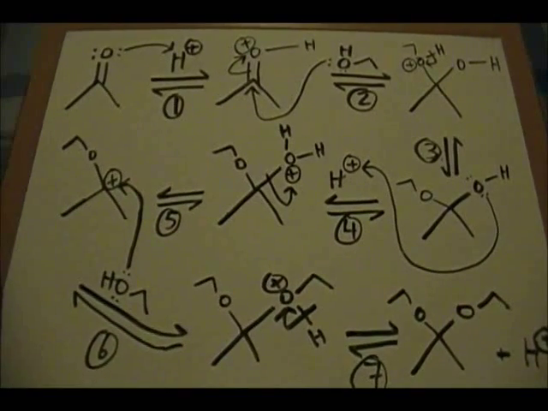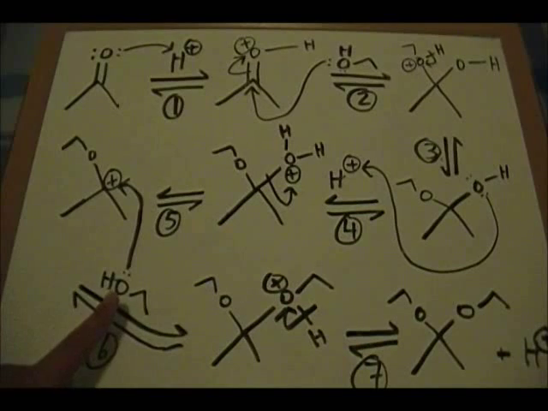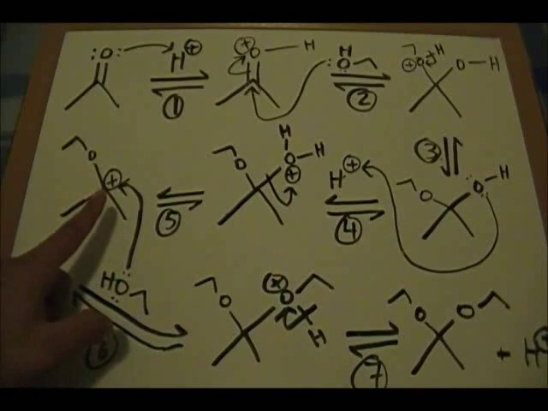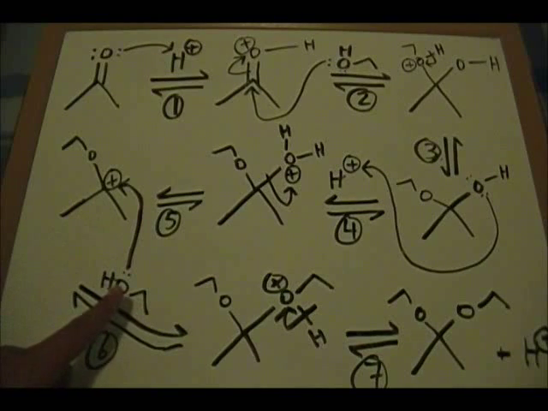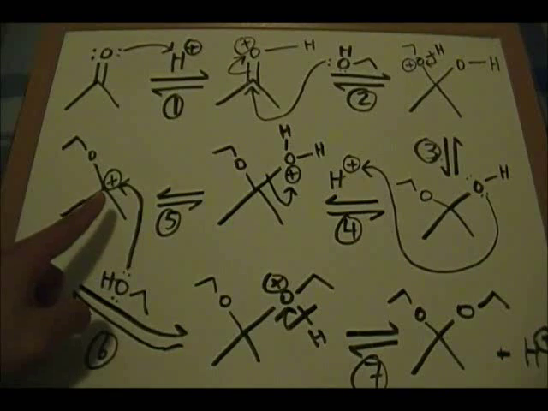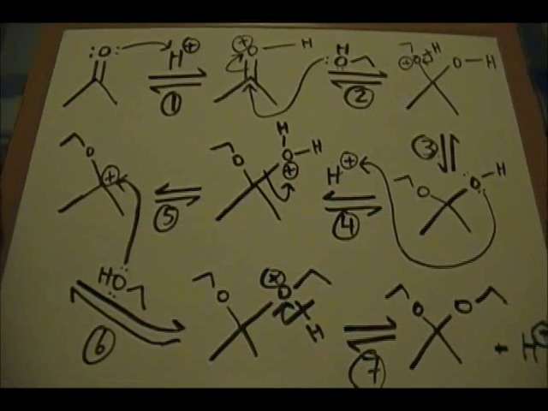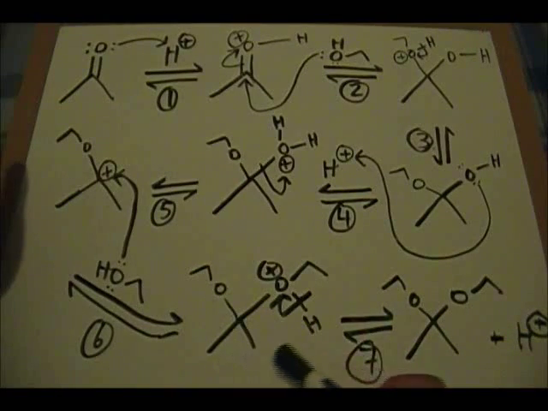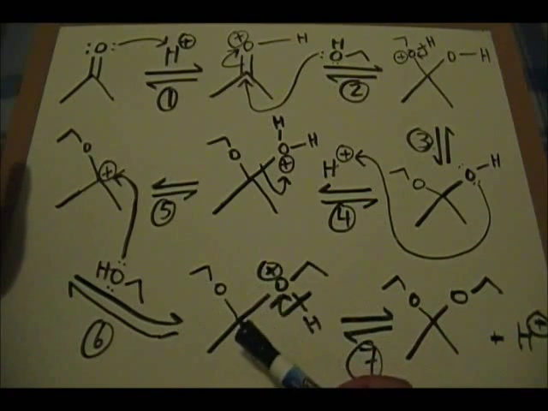Now in the next step, your second alcohol adds into the system. Using this lone pairs on the oxygen, it forms a bond between the oxygen and the carbon that bears the positive charge. Now what you have formed is this intermediate.